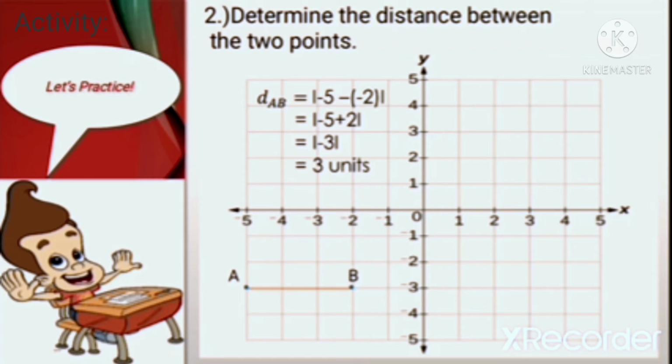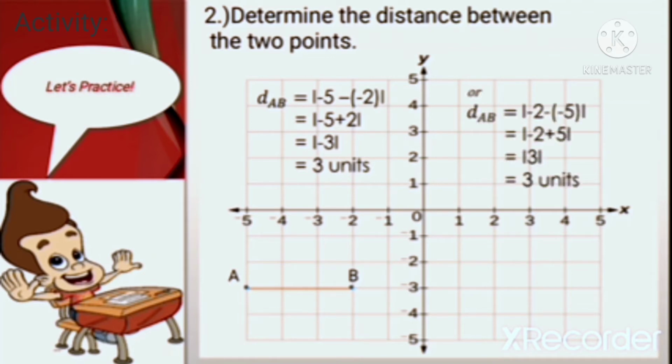So just simplify. Absolute value of negative 5 minus negative 2. Negative times negative is positive, so it's the absolute value of negative 5 plus 2. Negative 5 plus 2 is negative 3.